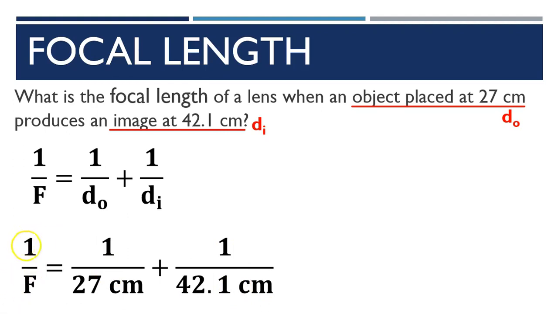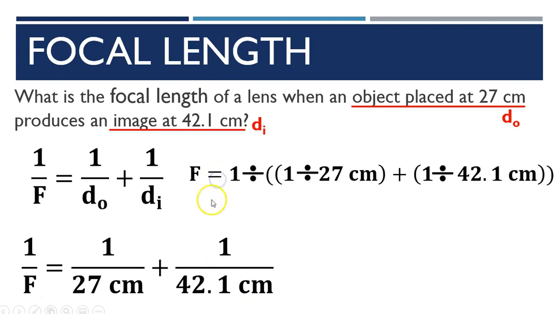You also may be tempted to just flip the whole thing over and say F is equal to 27 plus 42.1, but that's not correct either. So here is the way that you actually will plug it into your calculator. Okay, so we're going to say that F is equal to, and here's what you're going to plug in. 1 divided by, open 2 sets of parentheses.